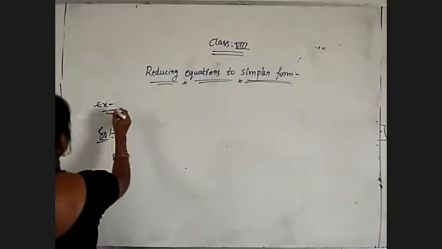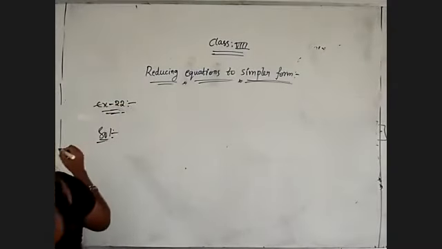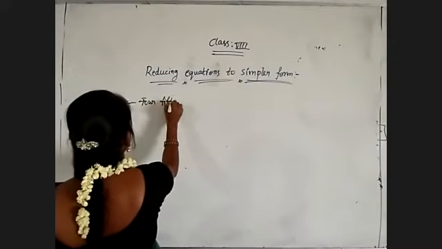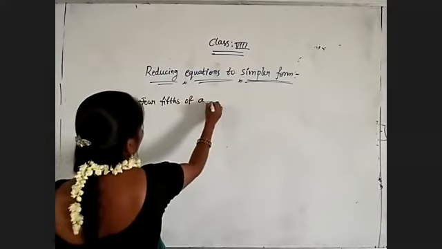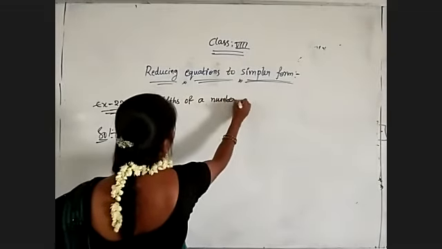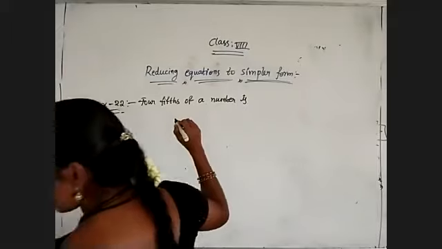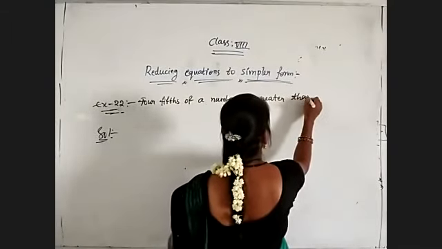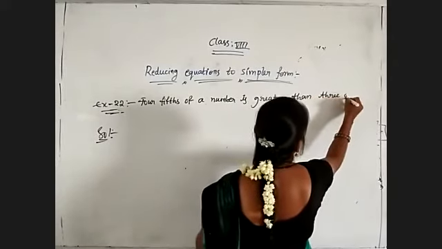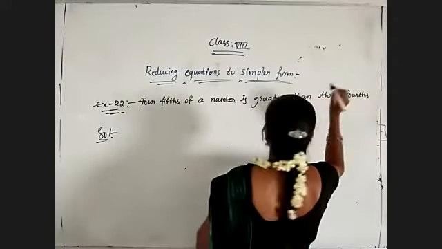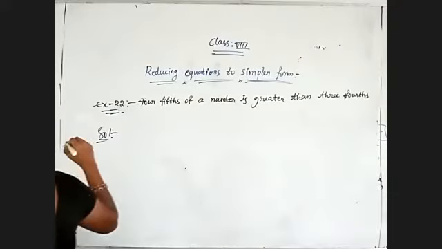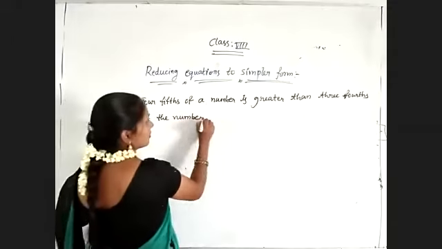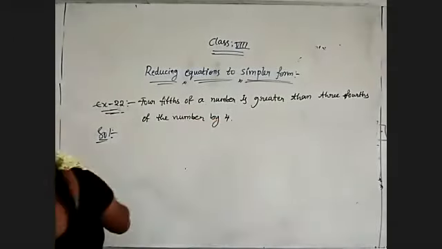Example 22. 4/5 of a number is greater than 3/4 of the number by 4.